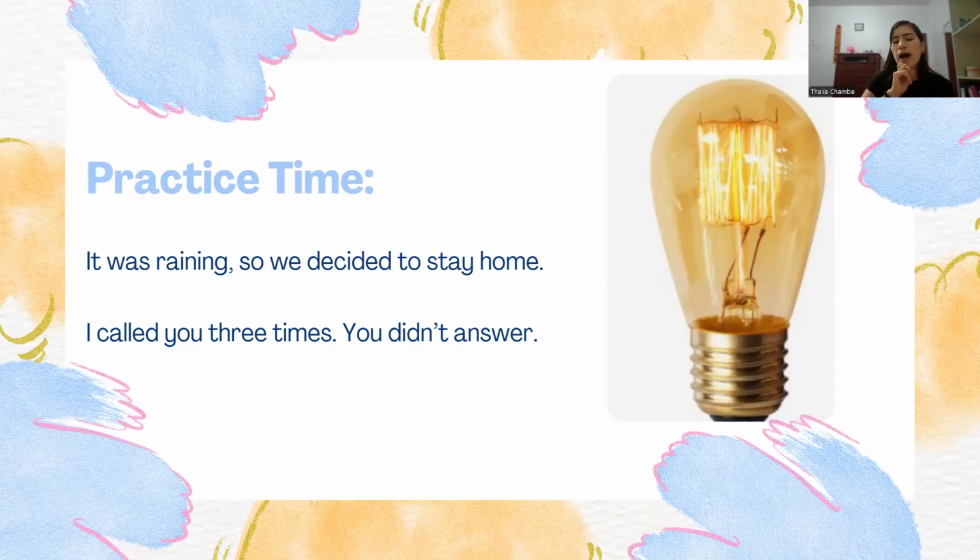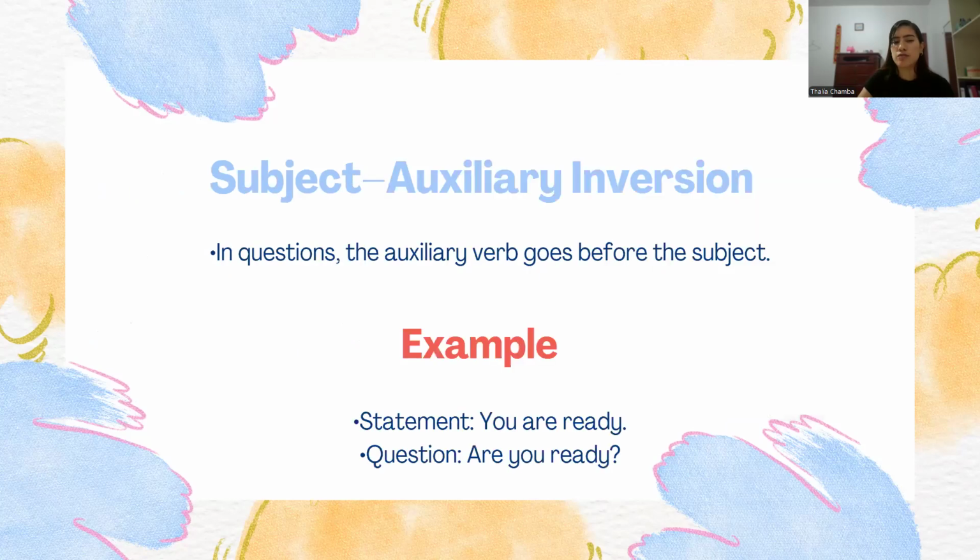Now, let's look at how to form questions using subject, auxiliary, and verb. Here we are. In English, when we ask a question, we usually place the auxiliary verb before the subject. This means the order changes compared to a normal statement.